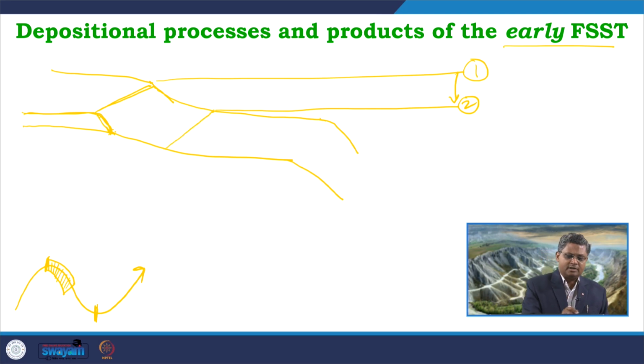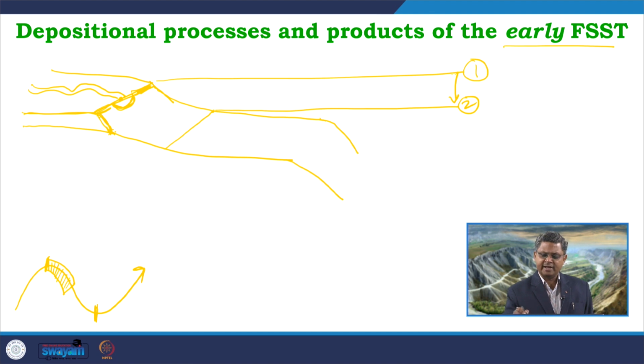Say for example, if you have a river system coming down to this level, coming over here, earlier it was supplying the sediments at this point, and we were getting a delta system forming at this part, as well as the strand plains or the shore deposits forming over here in this zone.